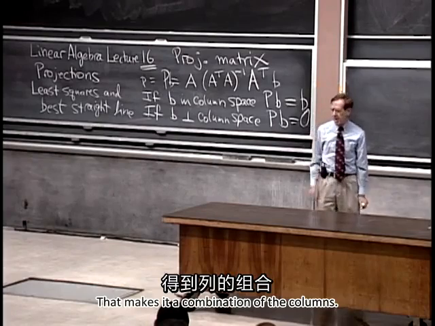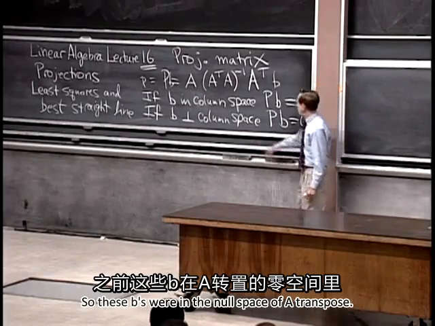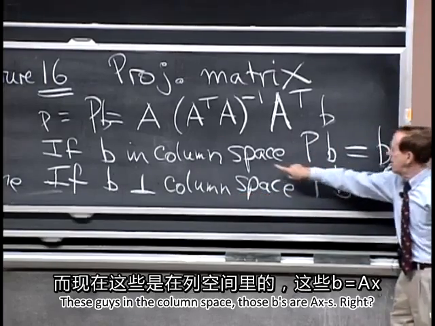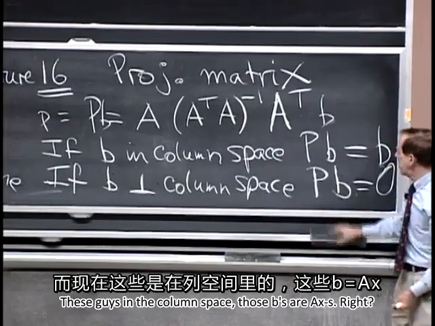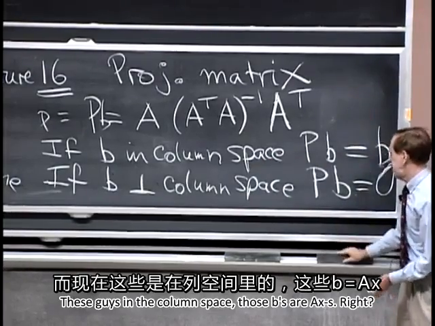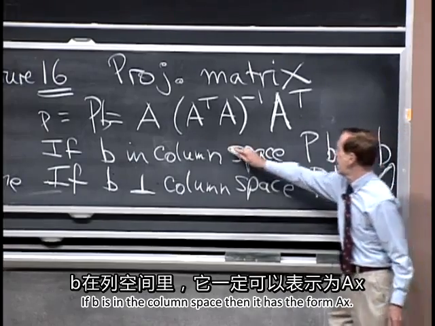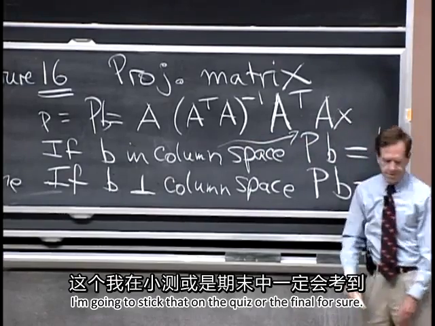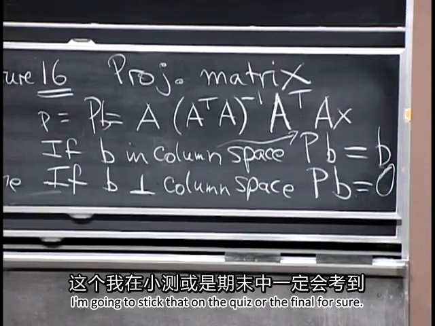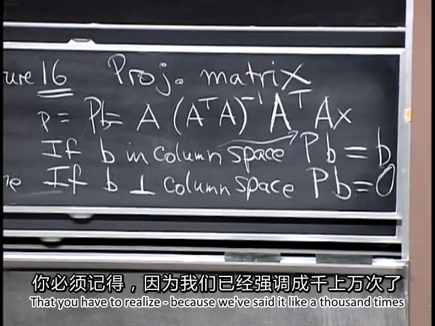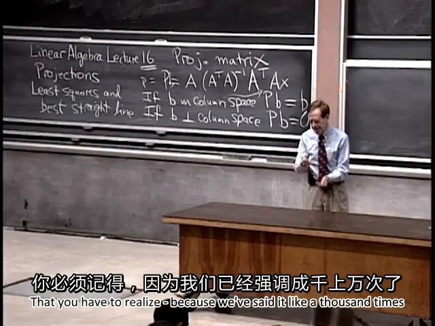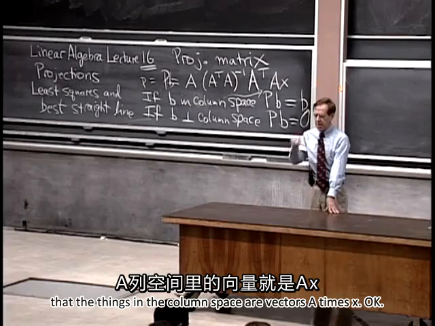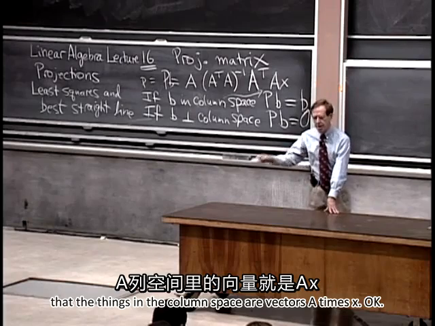That makes it a combination of the columns. So these b's were in the null space of A transpose. These guys in the column space, those b's are Ax's, right? If b is in the column space, then it has the form Ax. I'm going to stick that on the quiz or the final for sure, that you have to realize, because we've said it like 1,000 times, that the things in the column space are vectors A times x.